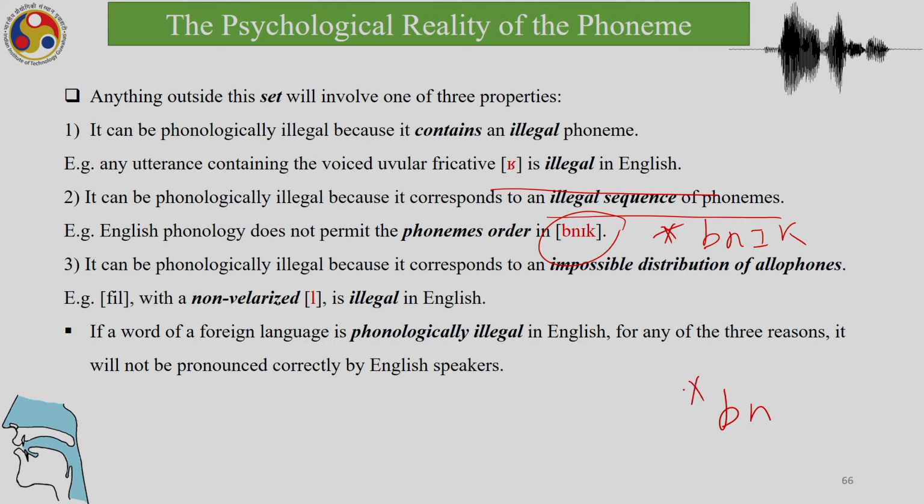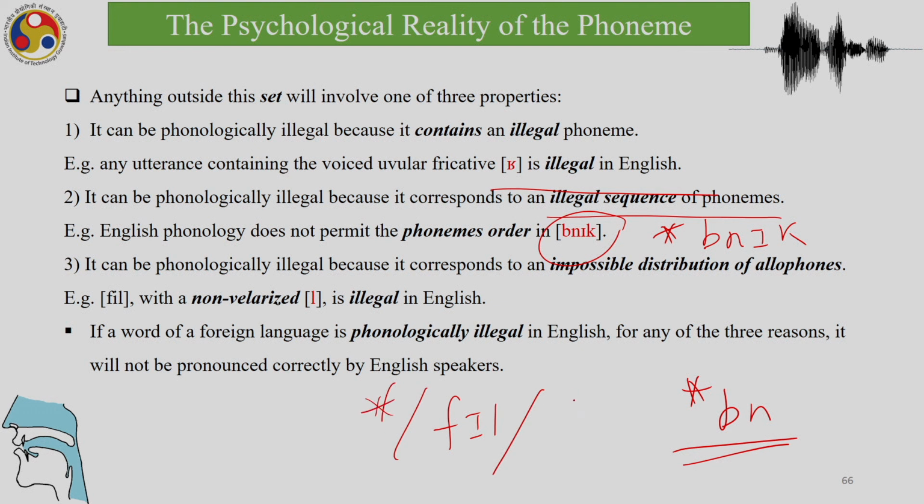Burner is completely illegal in English. And it can be illegal because it corresponds to an impossible distribution of phonemes in English. Example, this word is not possible in English. Why?